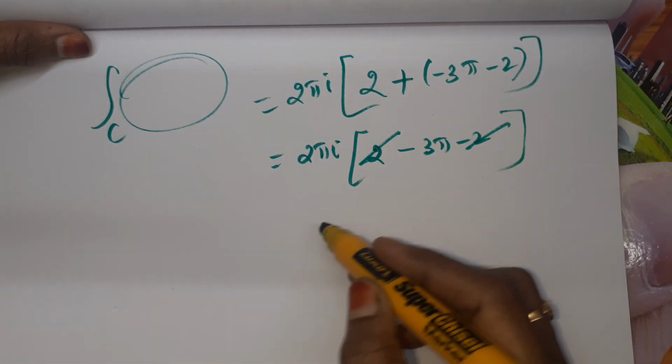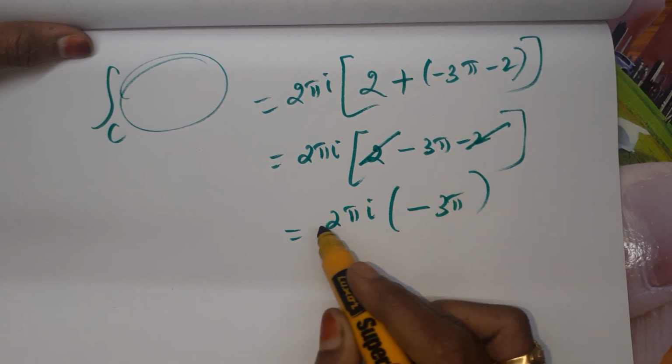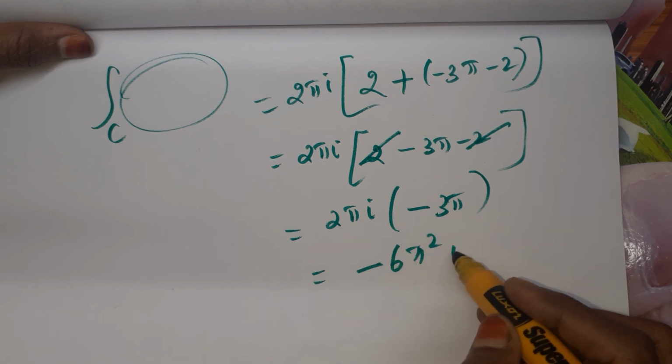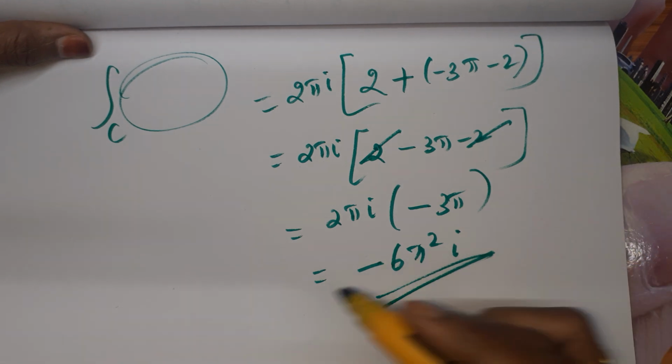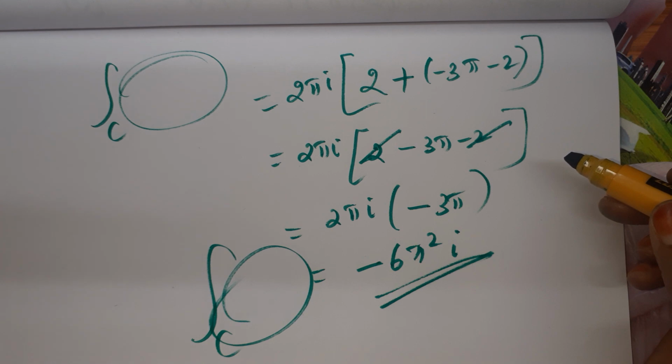These two will get cancelled. So 2 pi i into minus 3 pi, which gives minus 6 pi squared i. So this is the final answer for evaluating the given problem. Is it clear? Thank you.